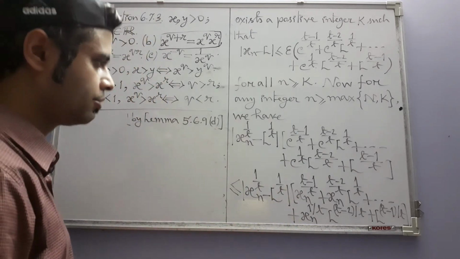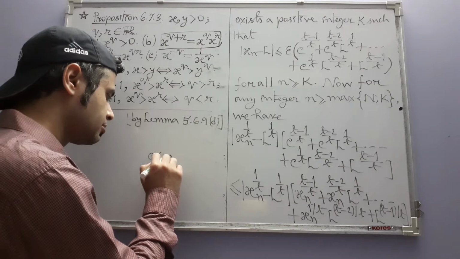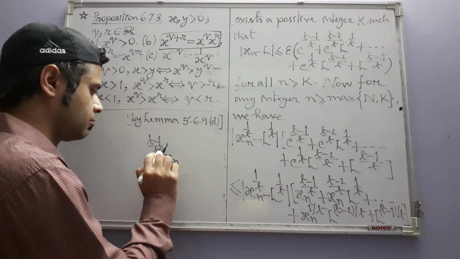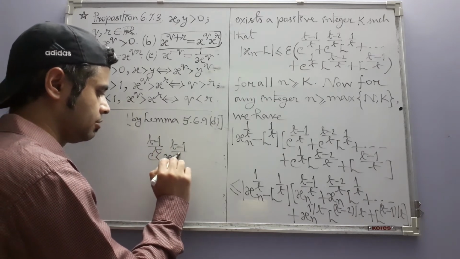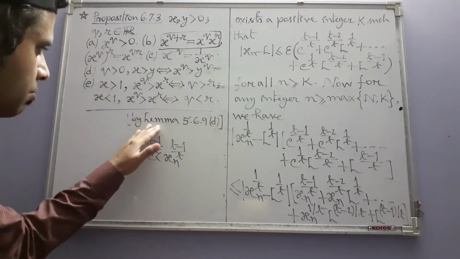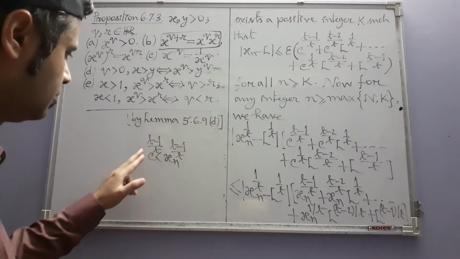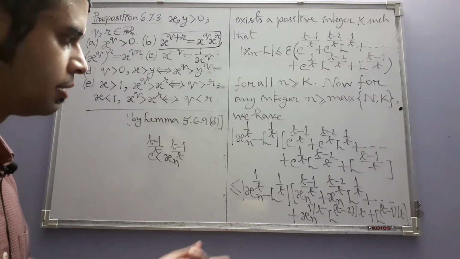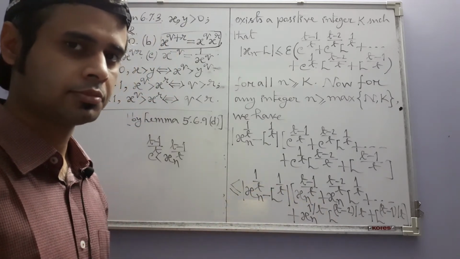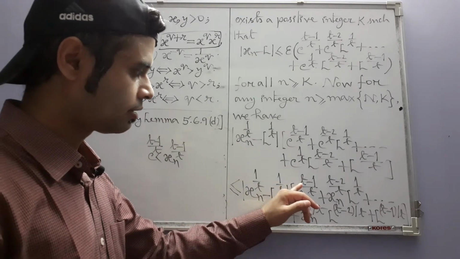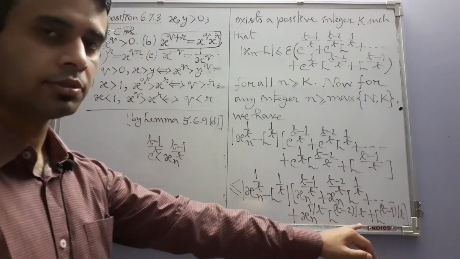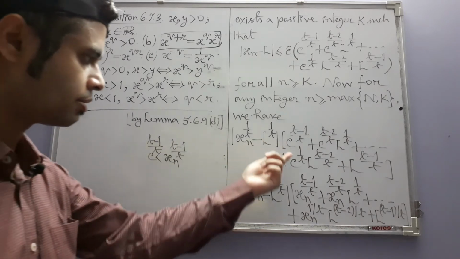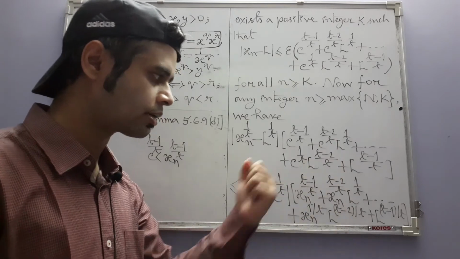You see, what we are doing is this: c is less than xn, so we are putting these exponents, that's all. And this we can do by part D of Lemma 569 when the exponents are positive rational numbers, and they are. Okay, convince yourself that all these exponents that you see here are positive rational numbers, and then of course we are multiplying such inequalities to create these product terms.